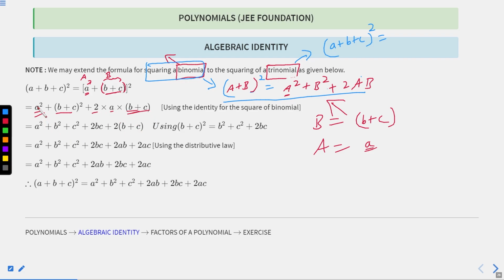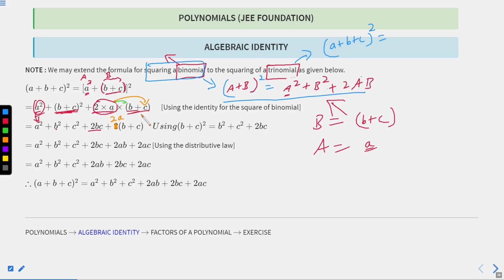Now (b plus c) whole square, I can further evaluate: b square plus c square plus 2bc, and plus 2 times a. I multiply this 2a first by b, and then by c.